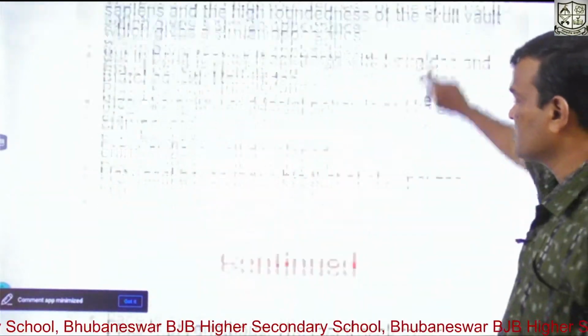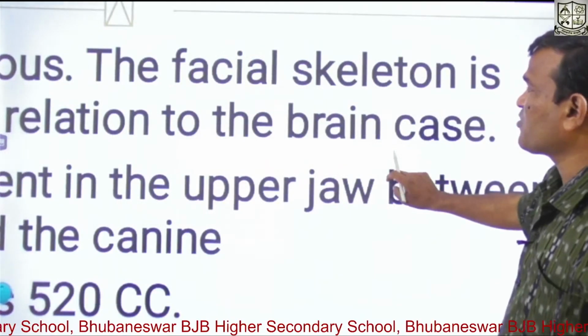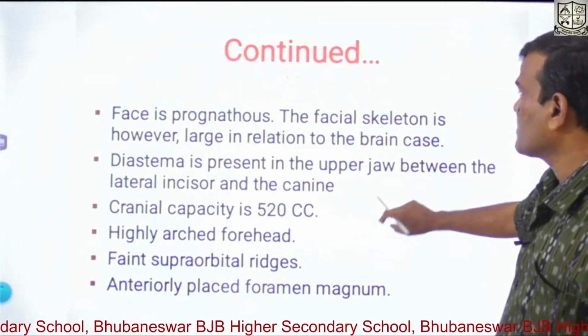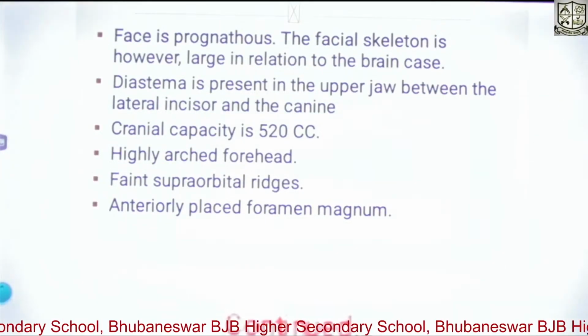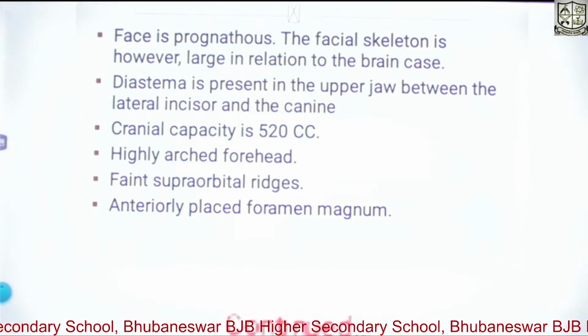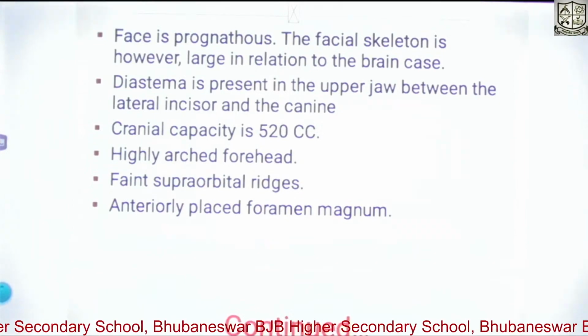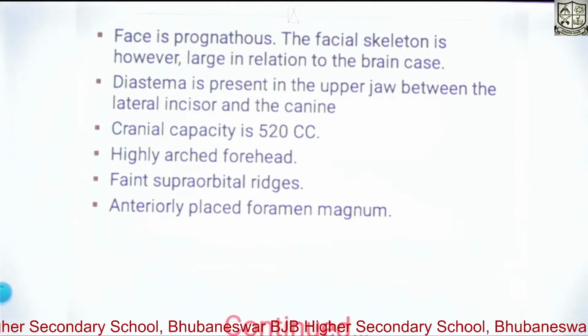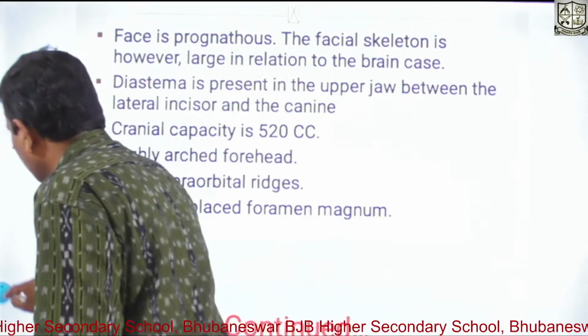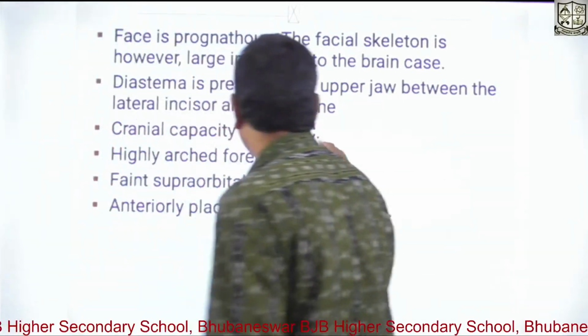The face is prognathous. The facial skeleton is large in relation to the brain case. A diastema is present in the upper jaw between the lateral incisor and the canine. Cranial capacity is roughly estimated at 520 cc, which is very important.